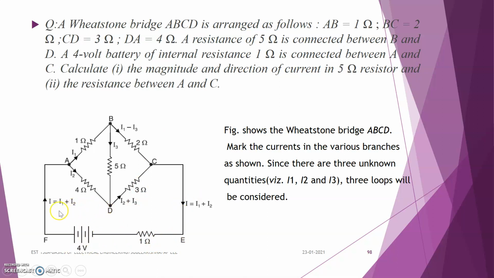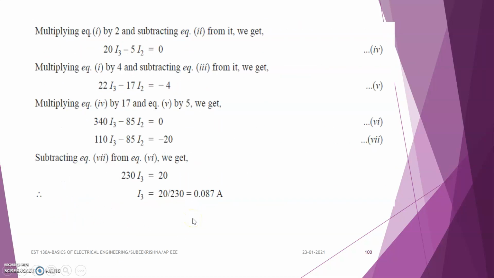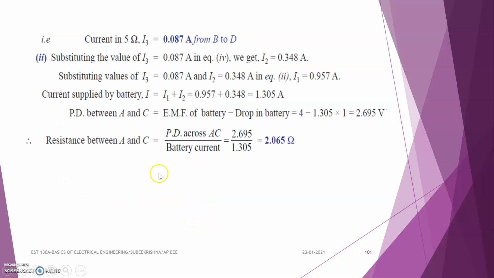So we can use those values to find the current supplied by the battery. That is, I is equal to I1 plus I2 is equal to 0.957 plus 0.348, the values of I1 and I2. So we get the total current I is equal to 1.305 ampere. This is the current which is supplied by this battery.